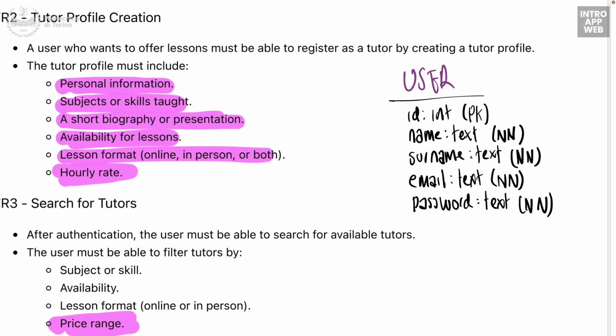But I was thinking, the issue with that approach is that, for instance, if the user is just a student, what will happen with this data that makes sense just if he is a tutor? I mean, we could add all of these attributes here, but in case a user is just a student, all of this data will stay empty, no? This data will make sense just for the ones that are tutors. So how do you think we might solve this?